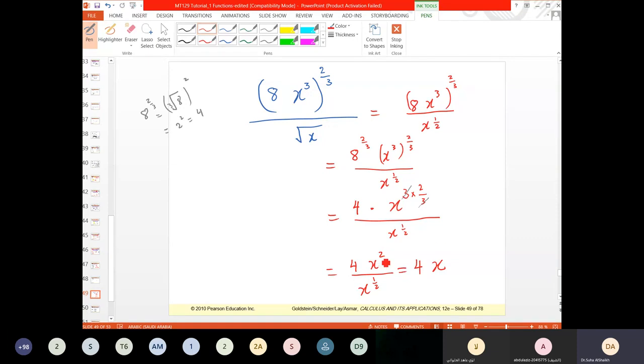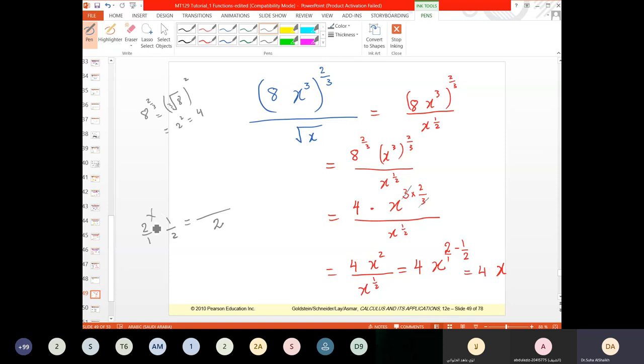Okay, so with the same base and different power, we subtract. So this is 2 minus half. 2 minus half is like 2/1 minus 1/2. We unify the denominator. To subtract, the common denominator is the multiplication of 2 and 1, which is 2.